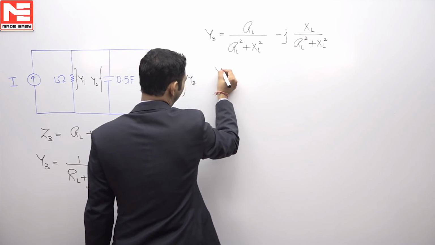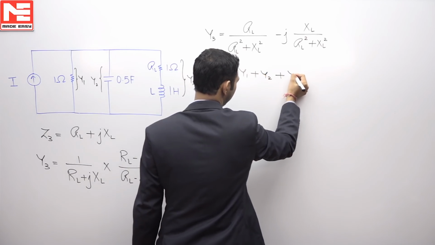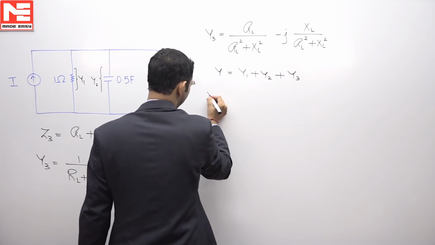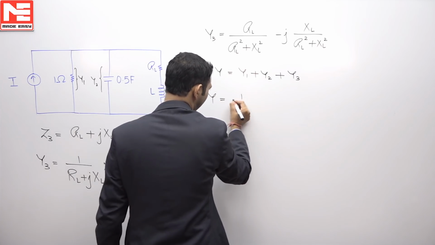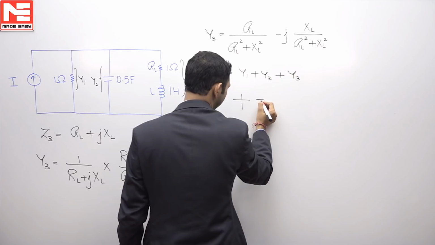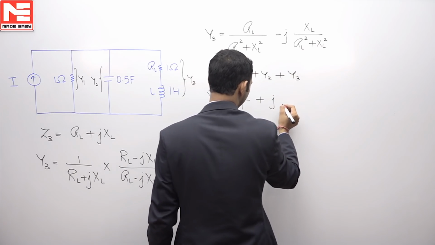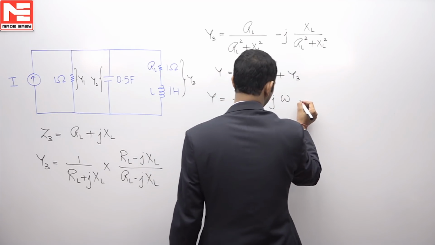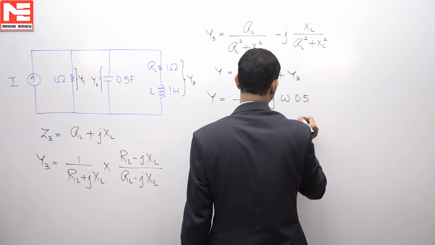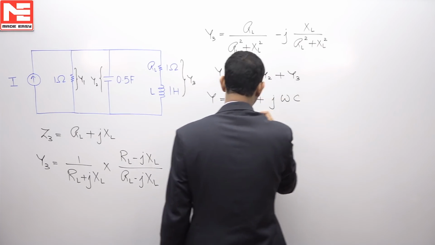Therefore the net admittance Y will be Y1 plus Y2 plus Y3. Let us substitute the values. Y will be equal to Y1, Y1 will be 1 by R, that is 1 by 1, plus Y2 will be equal to jBC, BC will be omega into C. Omega we have to calculate, C is given as 0.5. Now let us keep it in terms of C only so that we can get the formula and then we will solve it.